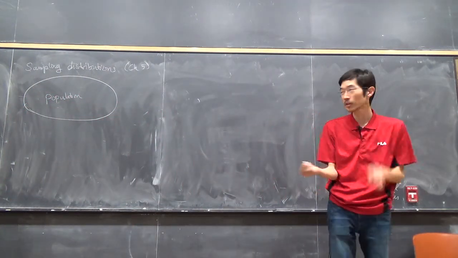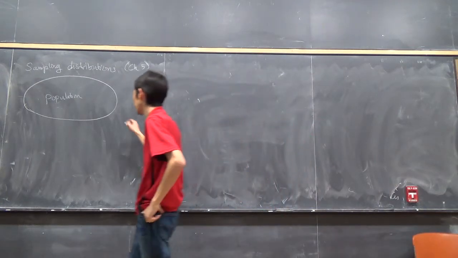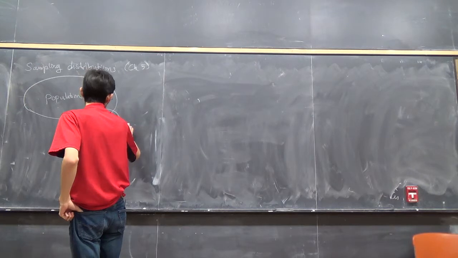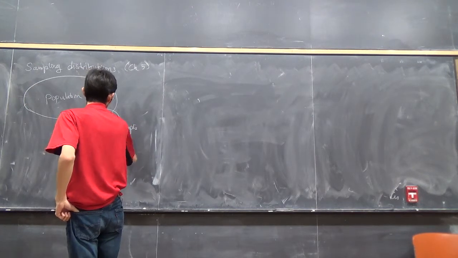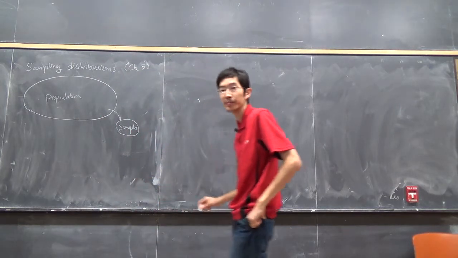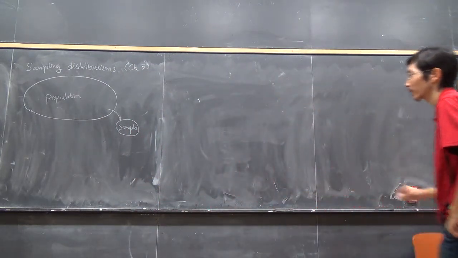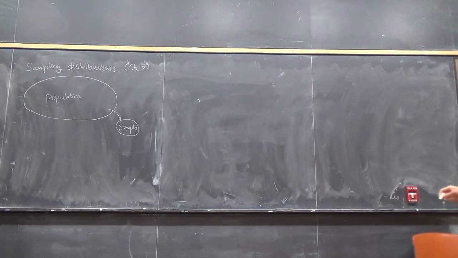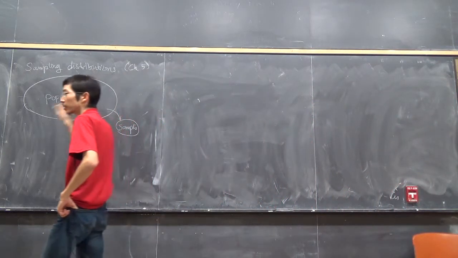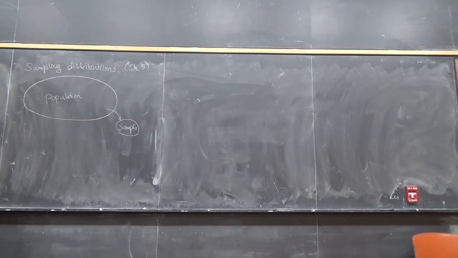And so instead of studying the population, we take a randomly selected chunk out of it, called a sample, and we study the sample. That's what we do. And based on what we see in the sample, we want to make conclusions about the population.